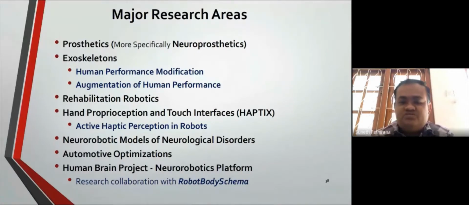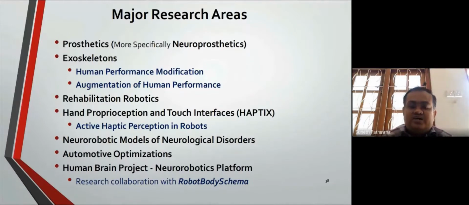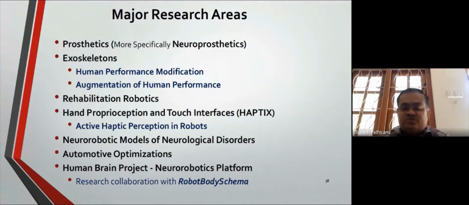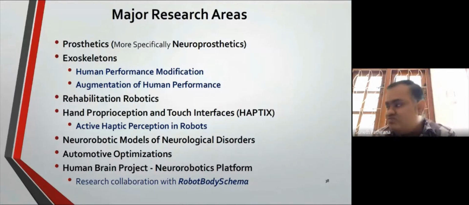Rehabilitation robotics, a kind of physiotherapy, assistance for physiotherapists, for reactivation or recovery of physical failures. Kinds of exercises can be given using this equipment. I will show you the diagrams and the pictures.